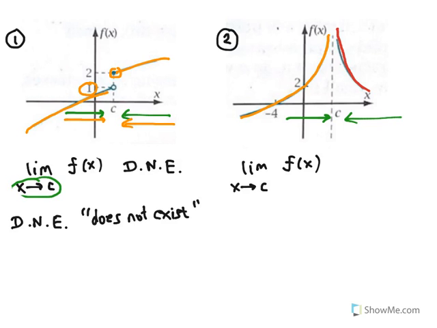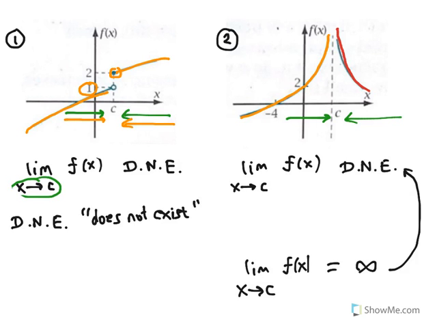And because the output values are not approaching a single number, we say this limit does not exist. The output values are going to infinity, and that is one way in which a limit fails to exist. Later, you could indicate that the limit does not exist by specifying the manner in which it fails to exist, namely that the output values are going to infinity. But that's a way of specifying the manner in which the limit fails to exist for this particular problem.